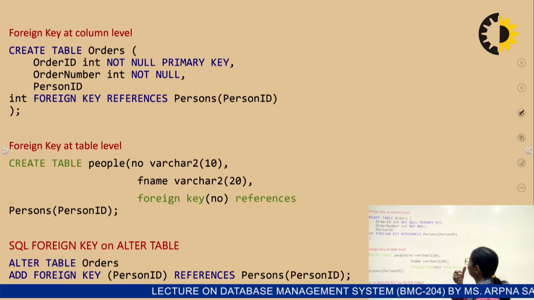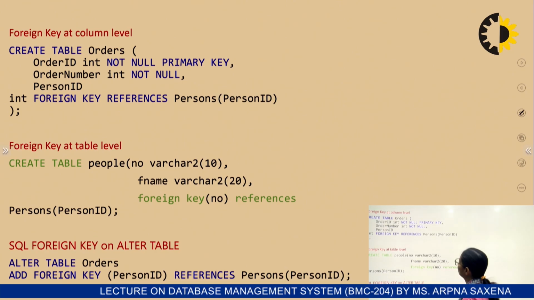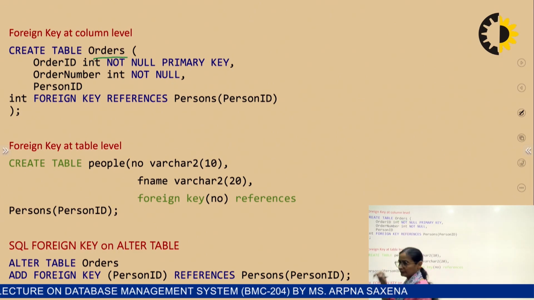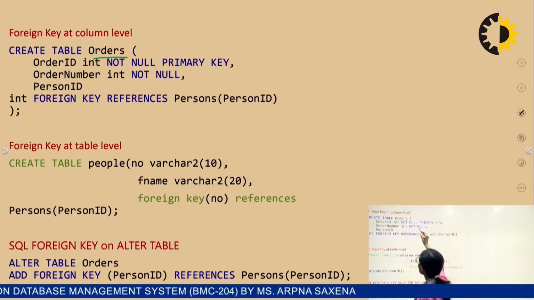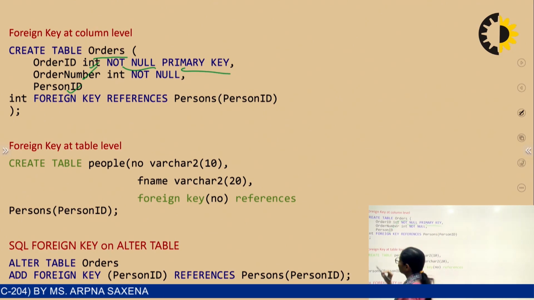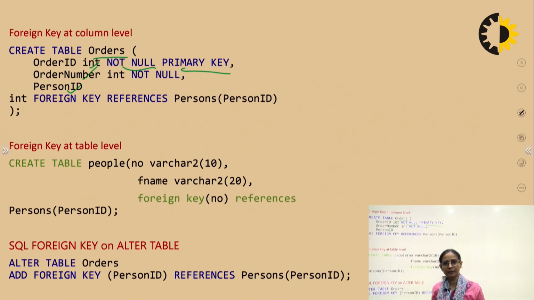How will we define the foreign key constraint at the column level? Let's suppose this is my child table, orders, with order ID, its data type int, not null. I defined it as primary key. Then another column, on which I want to implement a foreign key: person ID, data type int, in continuation.